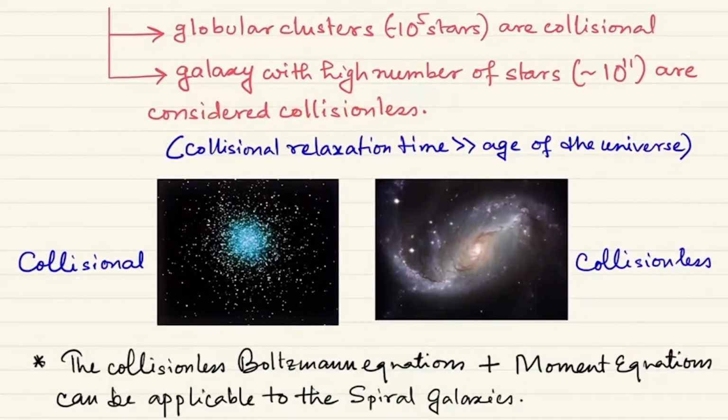Now coming back to this, this is a typical picture of a globular cluster. This is a picture of a spiral galaxy. The collisionless Boltzmann equations plus the moment equations can be applicable to spiral galaxies. That's true.